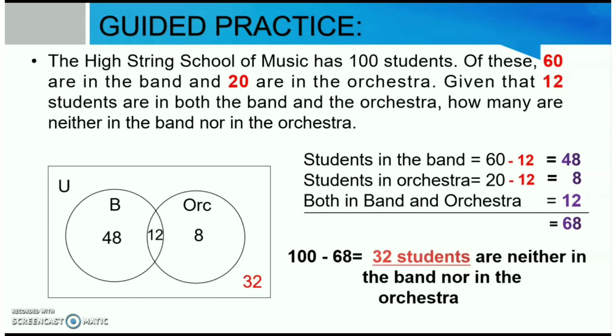Okay, so ilalagay natin siya dun sa labas ng dalawang circle or ng set B at ng orchestra, kasi sila yung hindi nagbabanda at nag-orchestra. Okay, so that's how we are going to find neither in the band nor in the orchestra. Okay, now let's have another one.